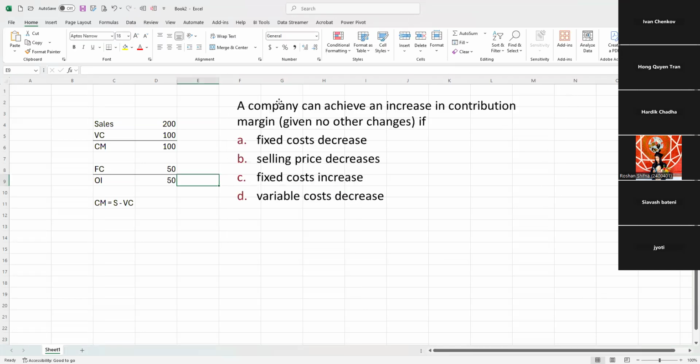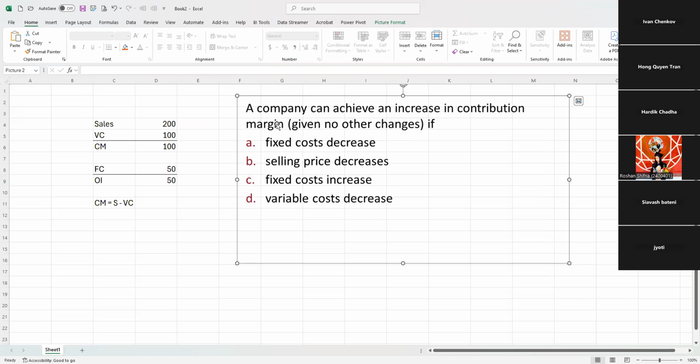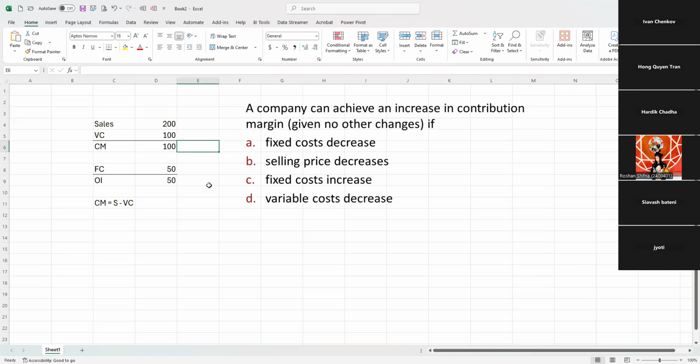If a company can achieve an increase in contribution margin, what do I need? I need the contribution margin to go over 100. Anything less is not going to work. Let's see, if I decrease the fixed costs, now they're 50.